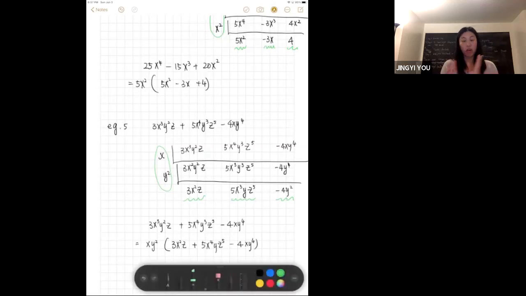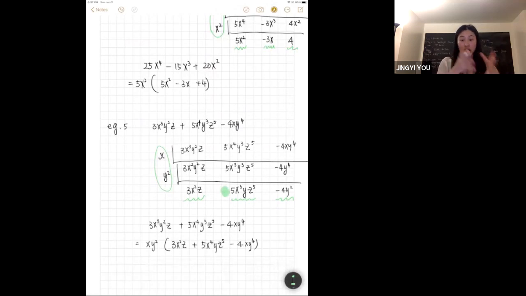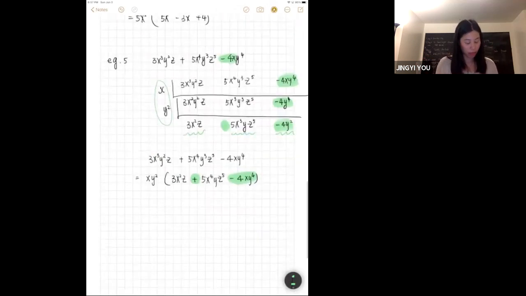So here I want you to be mindful about the sign. Here they don't have any sign, that means the default is positive, which is an add. And since we have negative the whole time, here I want you to keep the negative. So be careful about the sign.